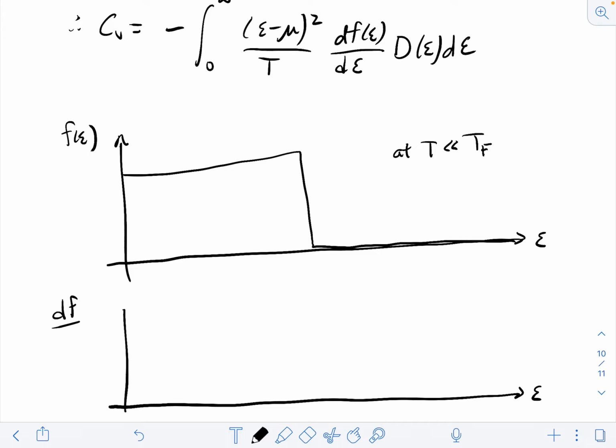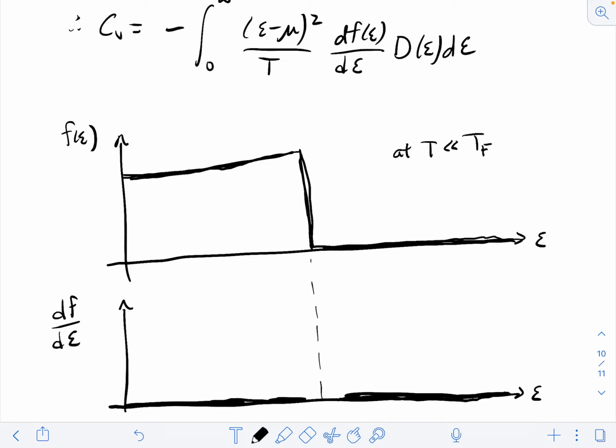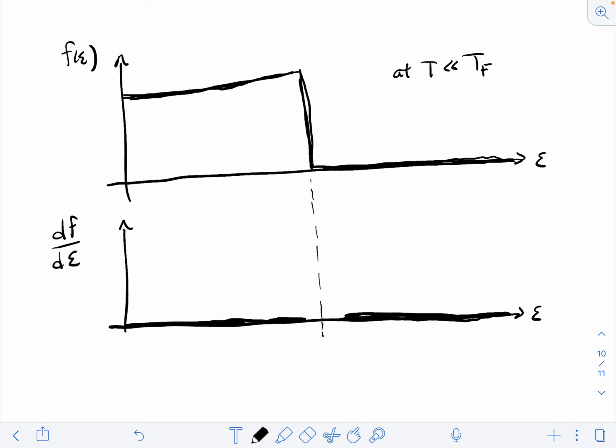And so if we were to plot that energy derivative of f, we would notice that at very low energies, the thing is constant, and so the derivative of a constant is 0. So we get 0 at low energies. And then at high energies, it's again constant, and so we're going to get 0 again when we do that derivative. And then right at the Fermi energy, there's a step, a discontinuous step.